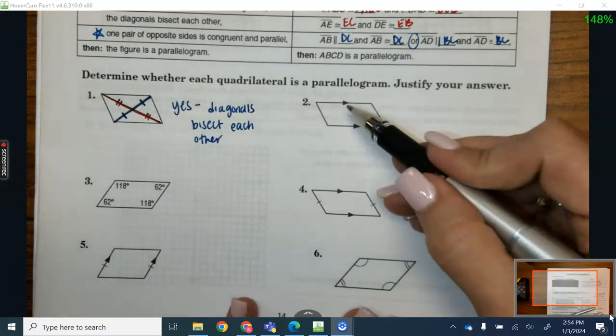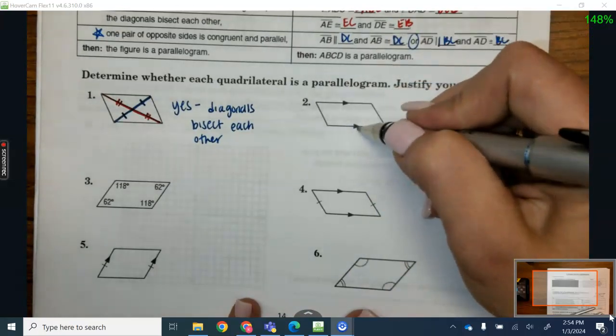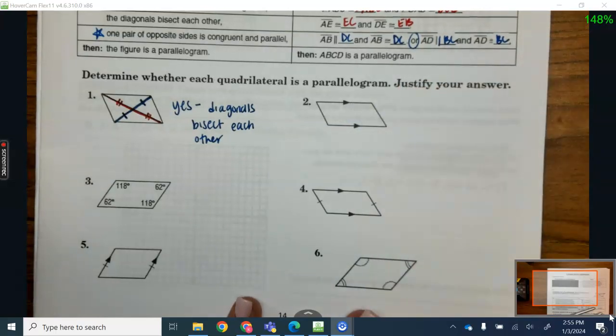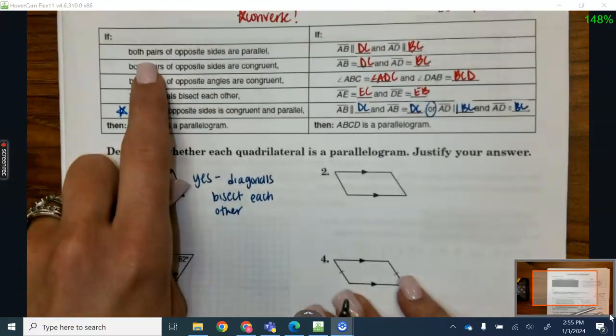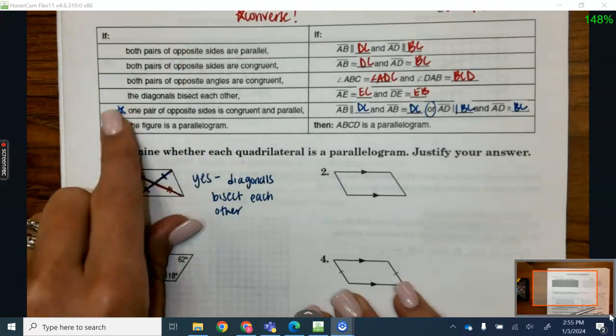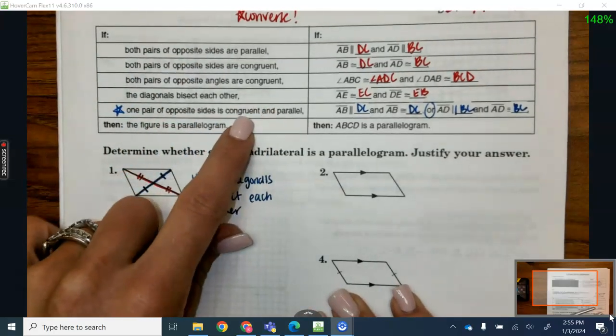On number 2, all they have told me with those marks is that this side is parallel to this side. Remember, the arrows mean parallel. All I have so far is that one pair of opposite sides is parallel. In order for it to be a parallelogram, I need both pairs of opposite sides to be parallel, or one pair would have to be both parallel and congruent.